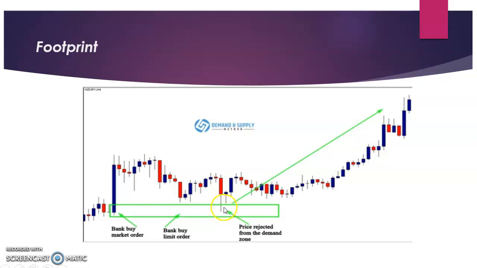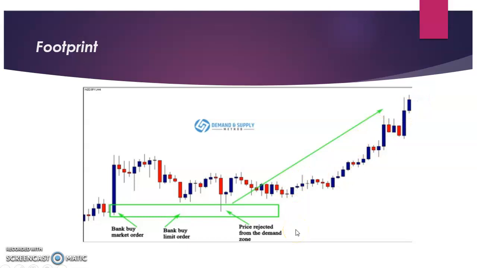So they simply put their buy limit orders in that particular place. Once the price came into that place, they activated their buying orders, and immediately the price went up.